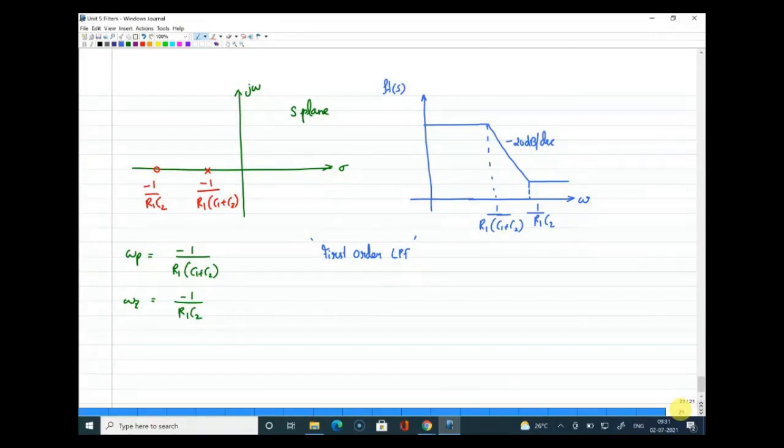Now, what do you think, if you want a high pass filter response, what can we do?